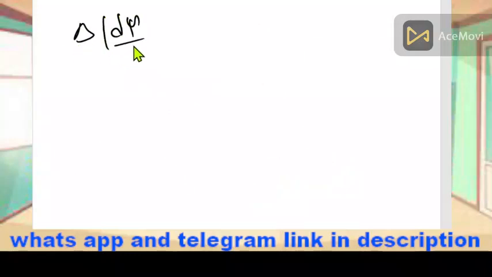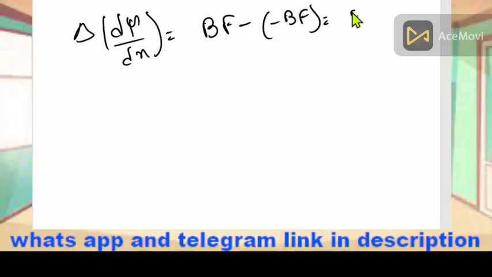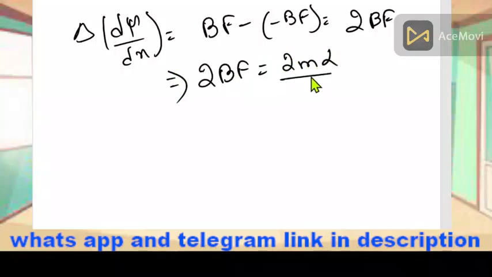So the change in d psi by dx is equal to bk minus (minus bk), which is 2bk, and this is equal to 2m alpha by h bar square.